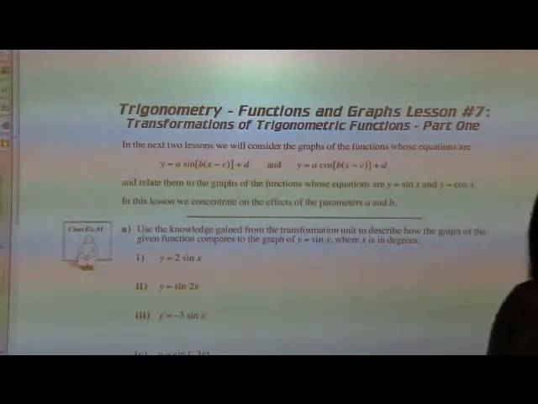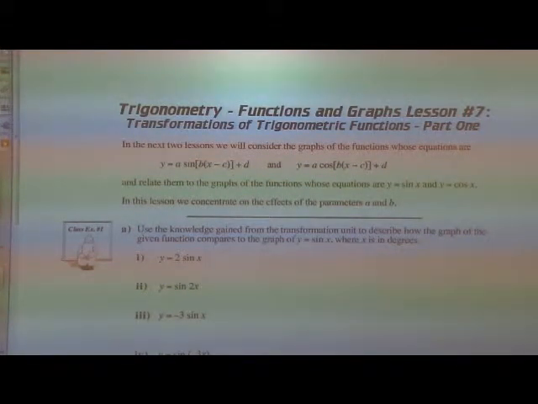So remember when I said in chapter 2, when we did the transformations, that this chapter is going to come back all the time? It's coming back again. So just like we did with the rational functions and with my quadratics, we did this when we were looking at the exponential and the logarithmic functions. We're going to look at transformations.